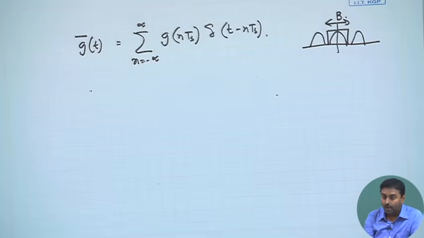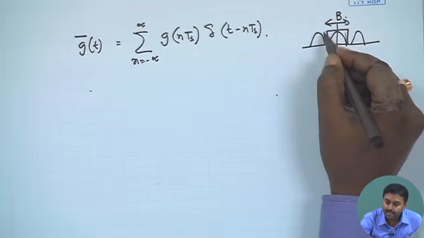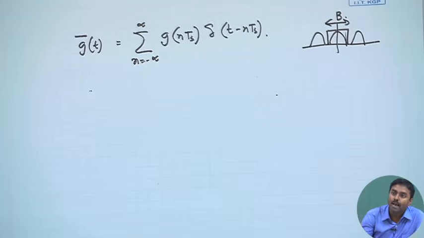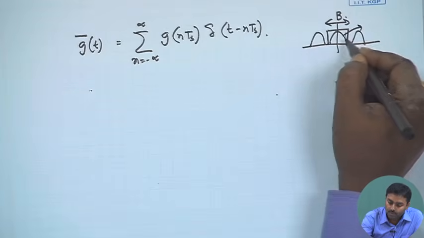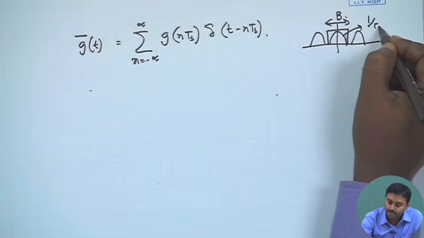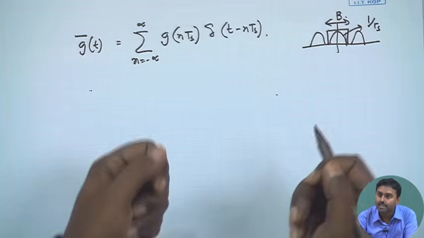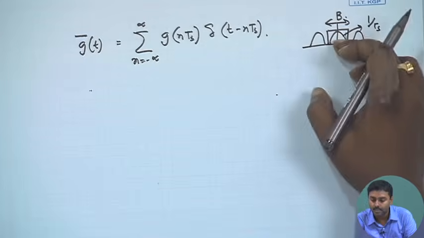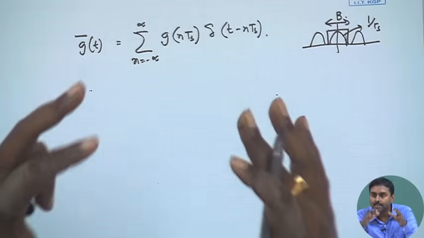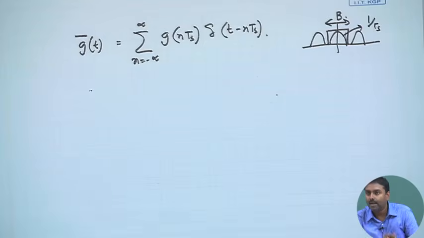Also, the strength of this one was 1 by Ts, so the low pass filter must have a gain of Ts so that they cancel each other. In terms of amplitude it gets reduced by 1 by Ts, and if we amplify it by a factor Ts, it will go back to our original G(f). So, passing through a low pass filter must give me G(f) as long as the Nyquist criteria is fulfilled, right.